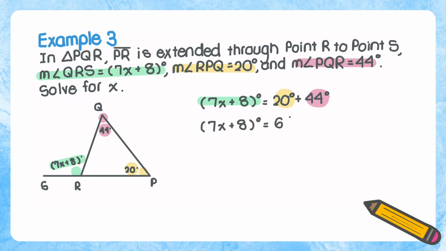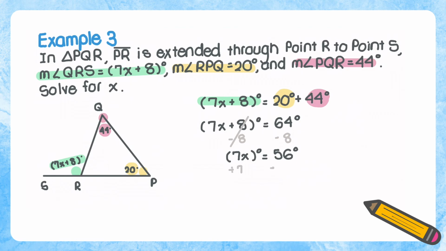And let's simplify. 20 plus 44 is 64 degrees. And subtract by 8 on both sides. And we're left with 7x degrees equaling 56 degrees.